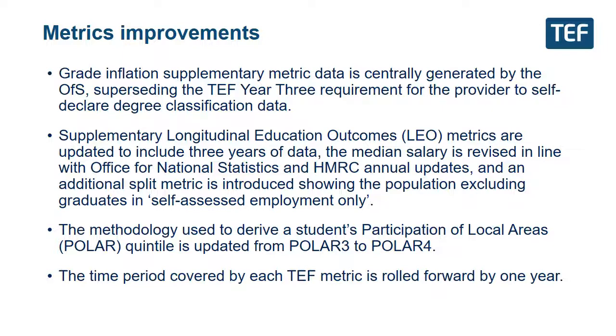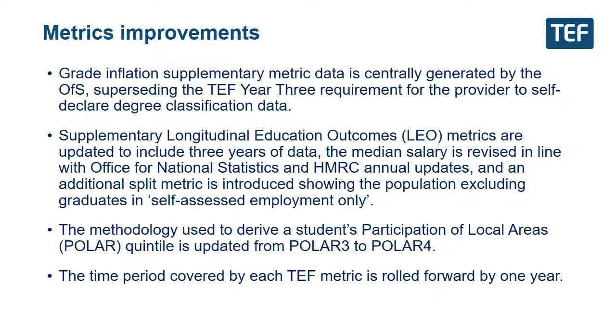The LEO dataset has also been enhanced since TEF Year 3, such that the information it contains on self-assessed employment and earnings is now available and consistently defined across all 3 of the graduating cohorts that contribute to the TEF Year 4 supplementary LEO metrics. Graduates in self-assessed employment will contribute to the calculation of both the LEO-based TEF Year 4 metrics, and the above median earnings metric definition will no longer be limited to graduates with recorded PAYE earnings.